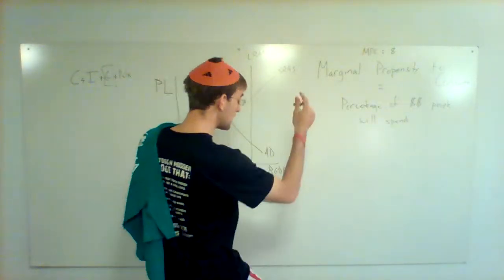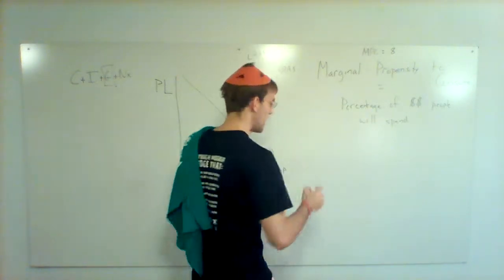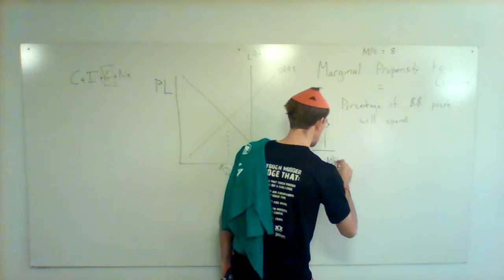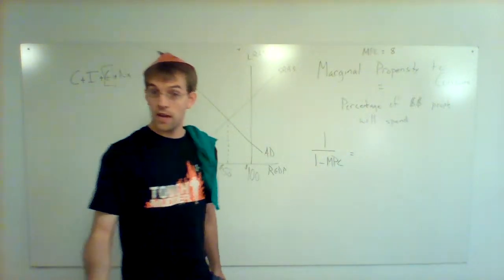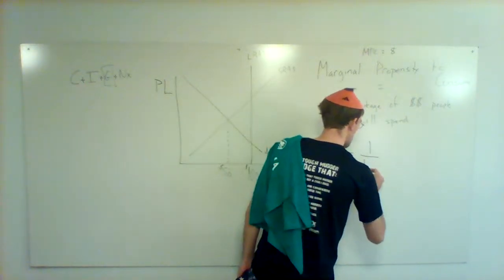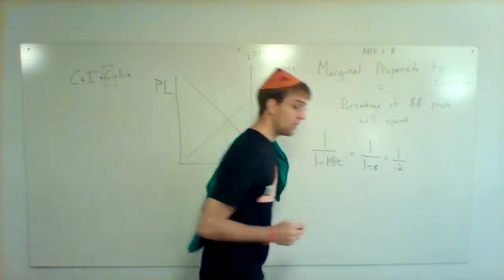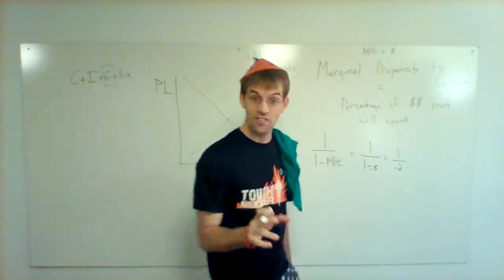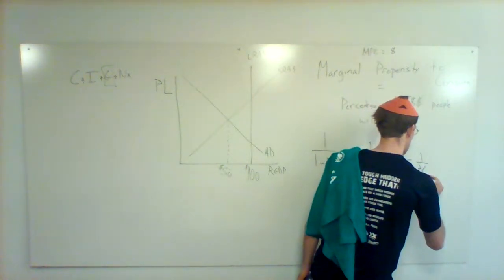So you can take this MPC and create what we call a multiplier. And to do that, you go 1 over 1 minus MPC. In this case, it's 0.8. So it goes 1 over 1 minus 0.8, which equals 1 over 0.2. Now, if you're sitting there and you're thinking, I don't know what 1 over 0.2 is, let me show you here. I'll give you a free math lesson, which is 1 over 2 over 10.